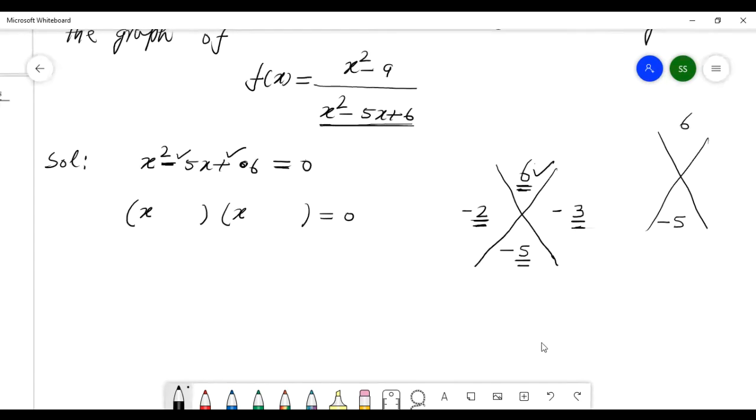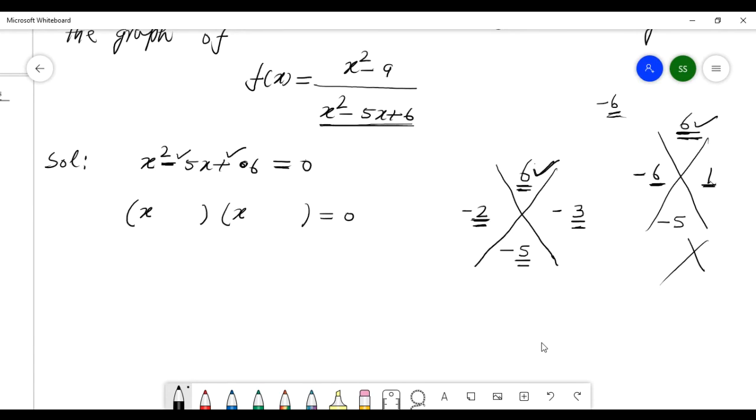If you take minus 6 and 1 here, minus 6 multiplied by 1 will be minus 6. But we need positive 6.